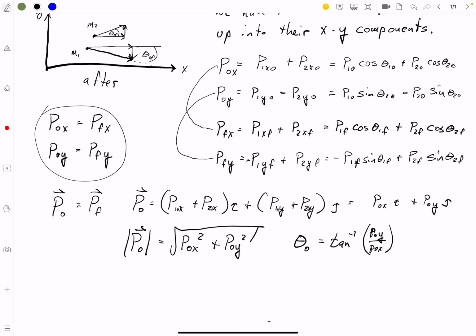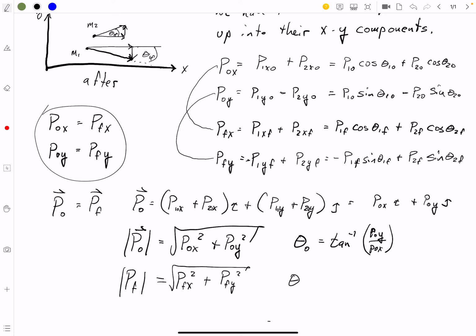Same thing goes for P final. Even though the components are different, right? Our components are different. Didn't I just write initial? What I really want to write is final. There we go.